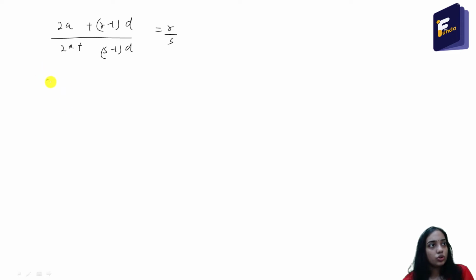So 2aS plus R minus 1 into dS equal to 2aR plus S minus 1 into dR. Now we are going to open these brackets and try to solve this.